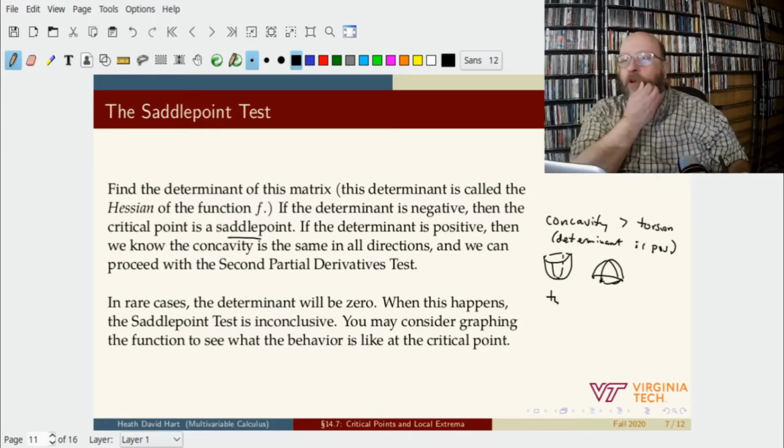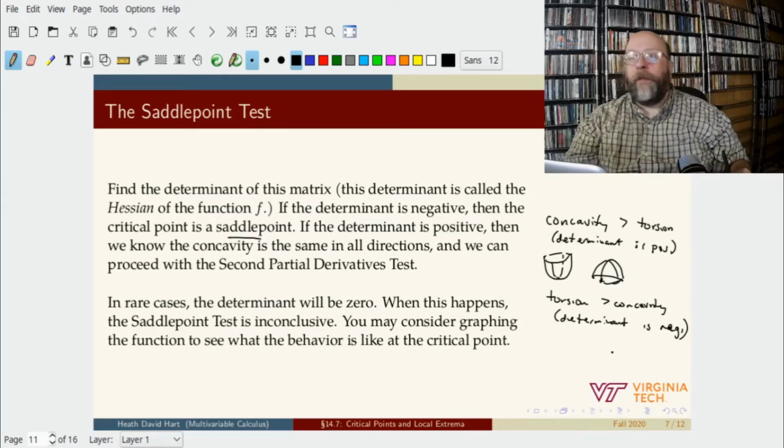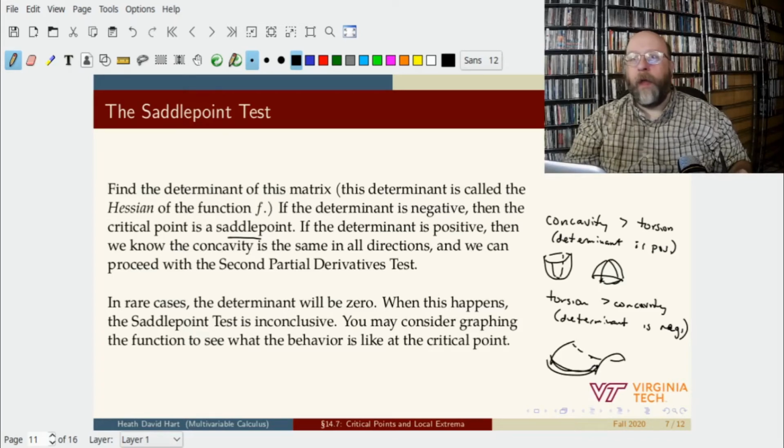If the torsion beats the concavity, which means the determinant is negative, that's the saddle point shape where we have a point where the concavity is being twisted from concave down to concave up by the torsion that's present.